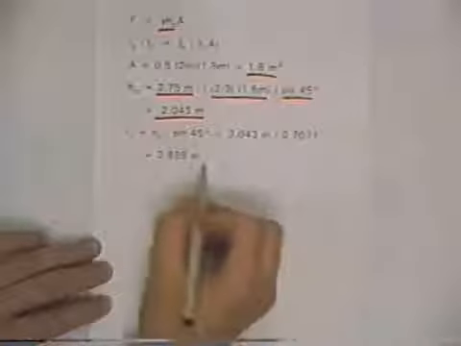Now the L sub c, if you measure along the incline, is just this number divided by the sine of 45 degrees. So you take the h sub c, divide it by the sine of 45 degrees, and you get 2.889 meters measured along the incline.